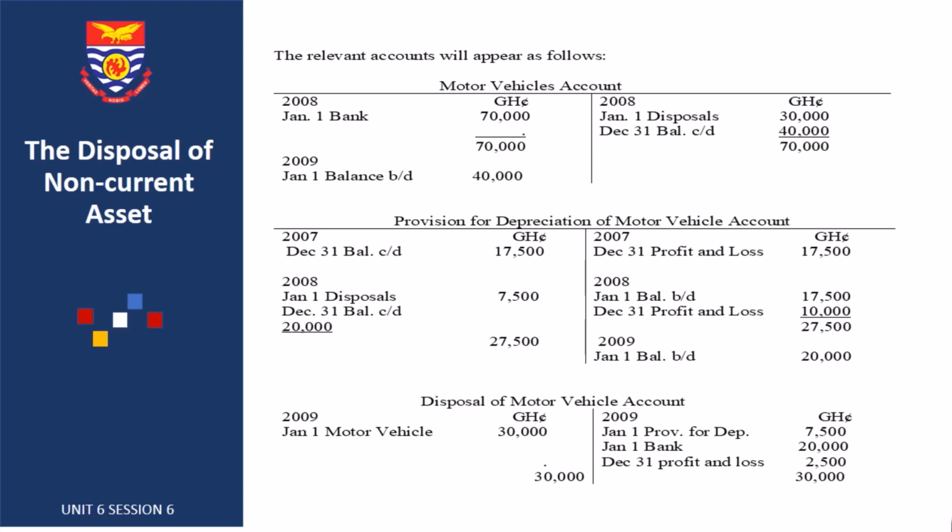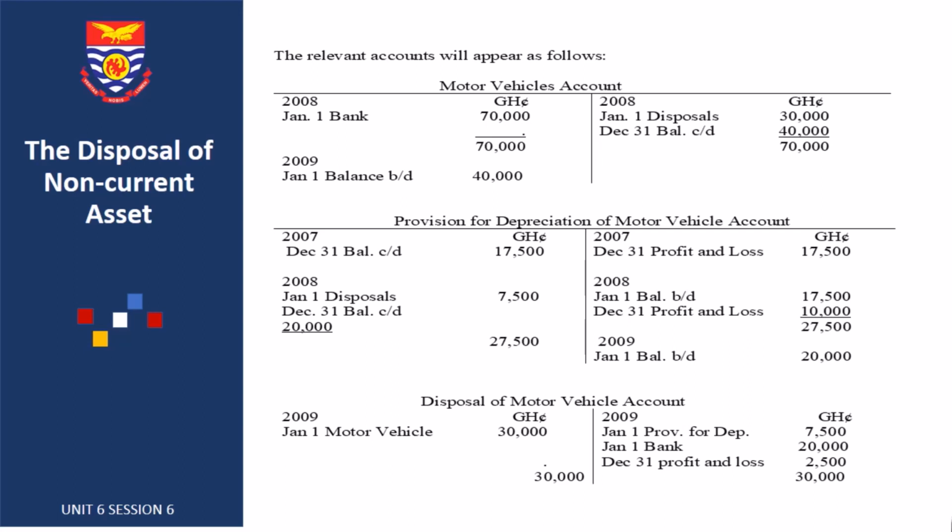Upon disposal of the asset, the depreciation for that asset will be computed. And we know the asset that is being disposed cost 30,000. So the depreciation will be 25% of the 30,000, and that is given as 7,500.